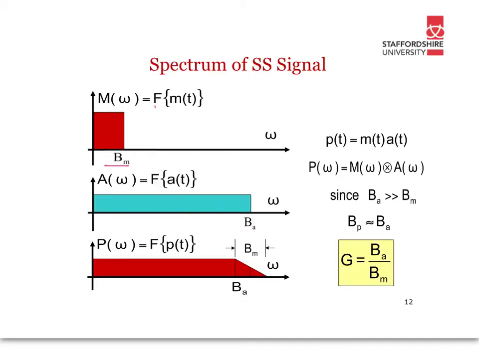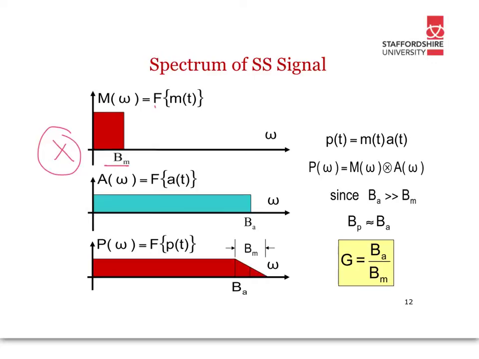BA is the bandwidth of the spread sequence, and when we multiply the two together, then P of the spread signal is given by P omega, and its bandwidth is greater than BA, so BA plus half of BM.